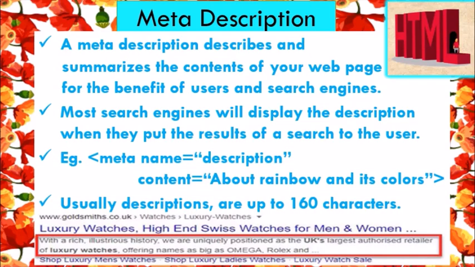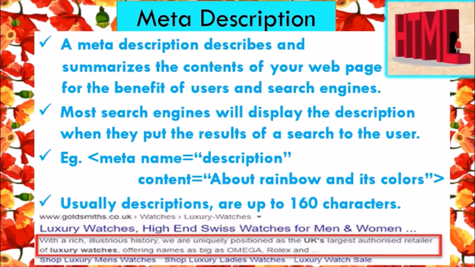Meta description. A meta description describes and summarizes the contents of your web page for the benefit of users and search engines. Most search engines will display the description when they put the results of a search to the user.